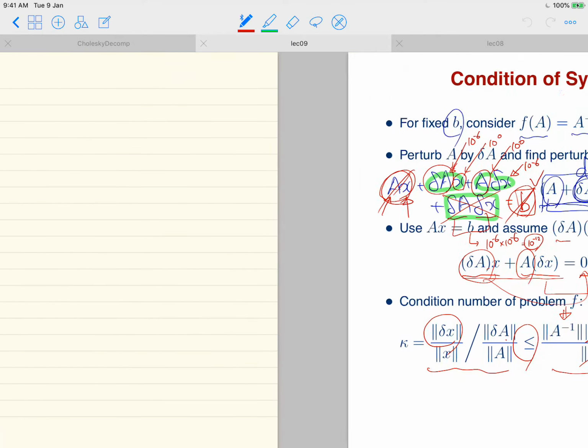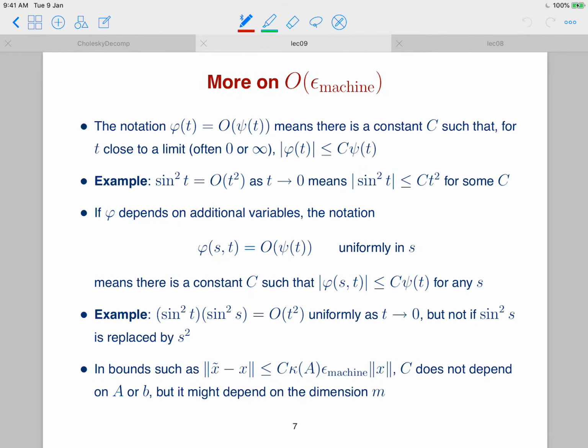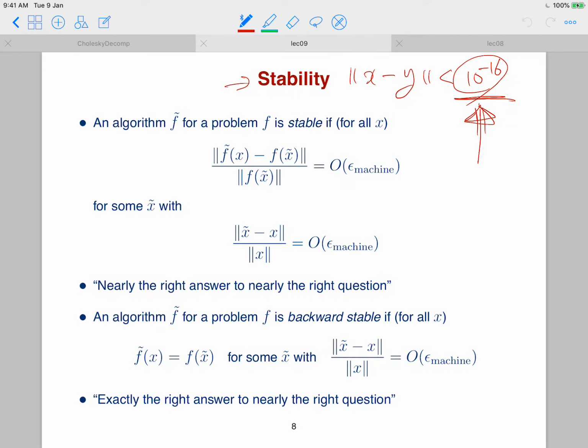But due to the time constraint, I will skip most of the details about stability. Let me add one more thing. There are two kinds of stability: the forward one and the backward one. The forward one considers the original function.